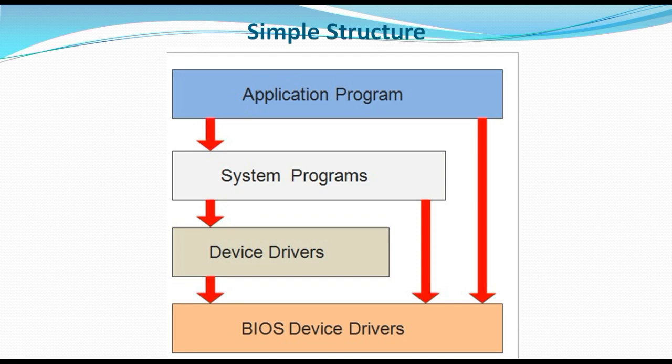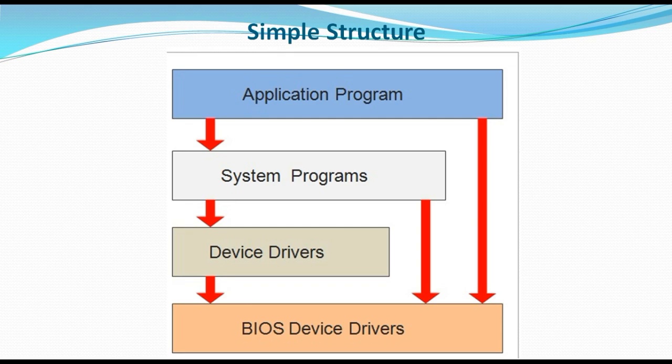So the kernel provides the file system, CPU scheduling, memory management, and other operating system functions through system calls, which means an enormous amount of functionality is combined into one level. That is the monolithic structure, and it was difficult to implement and maintain.